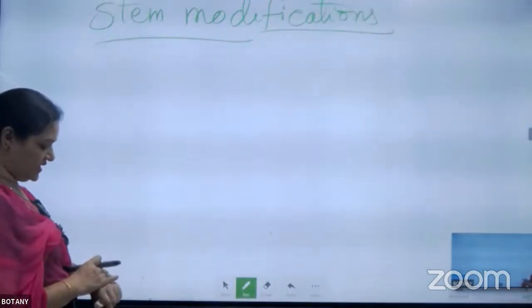So what is meant by stem modification and how to write this very big answer is the technique over here to follow. It's a very easy one. We can write the answer with the diagrams, with the examples within 12 minutes. But if you follow the easy tips, then we can go with this type of answering pattern.